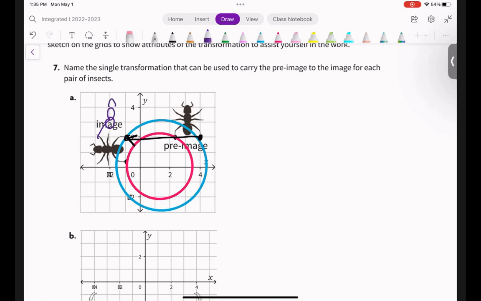This is the best that you're going to get from Miss Johnson right now, right? So something like this. Does everybody see there's my ant, and then I rotated him down. So it's clear that I rotated him down 90 degrees, but what you're really trying to do is figure out where the center is. And so someone says, Ms. Johnson, I think the center is at 0, 0.